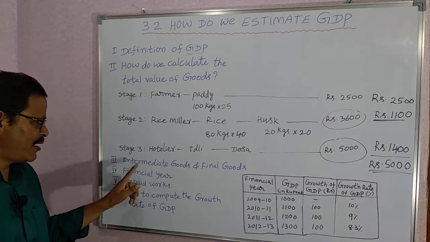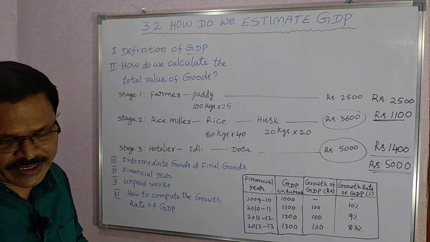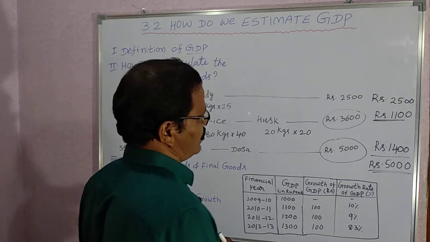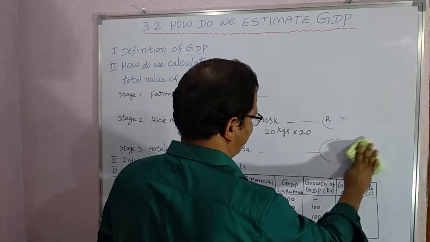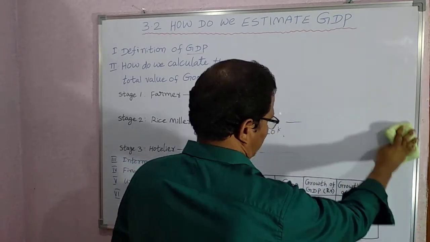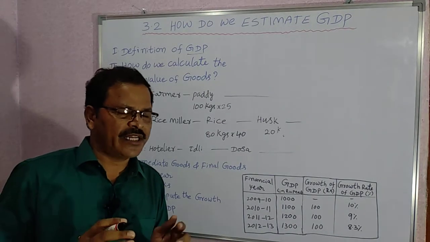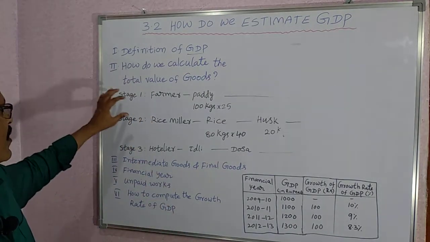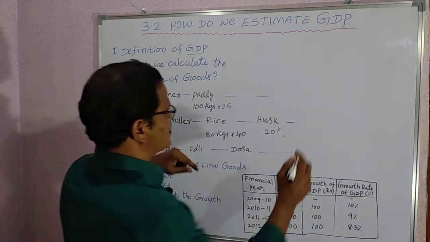Next, intermediate goods and final goods. These are the two types of goods. Take for example, this example. What is this? Paddy.